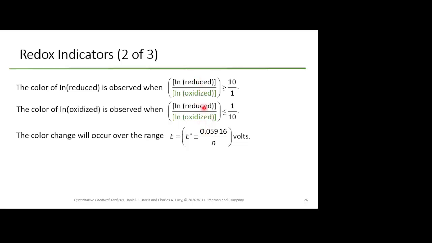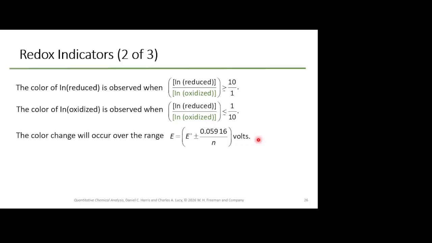Notice because it's in the Nernst equation, a 10 times difference is one unit of that Nernst equation. It's going to be a log of 10, which is 1, or a log of 1/10, which is -1. And so you'll always get this relationship right here, which is the E naught plus or minus that Nernst constant right here, divided by the number of electrons. And so that's what you see for your color change in terms of volts.